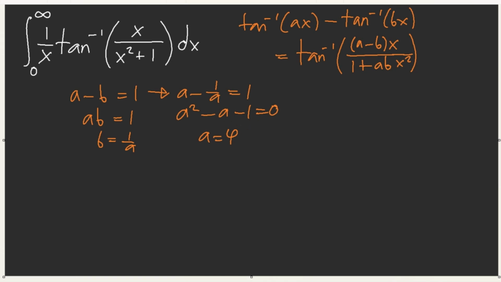So if a is equal to the golden ratio, then b is equal to 1 over the golden ratio.